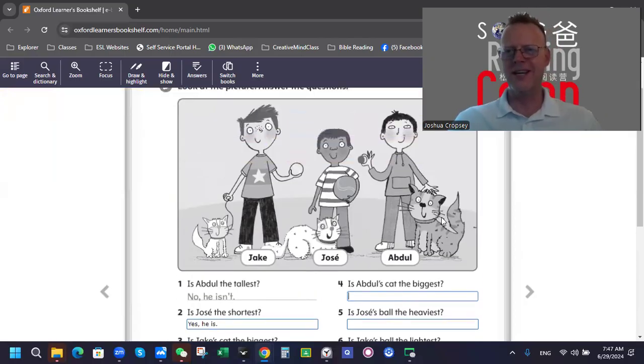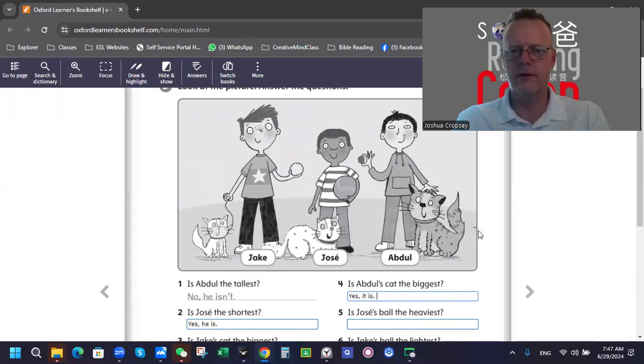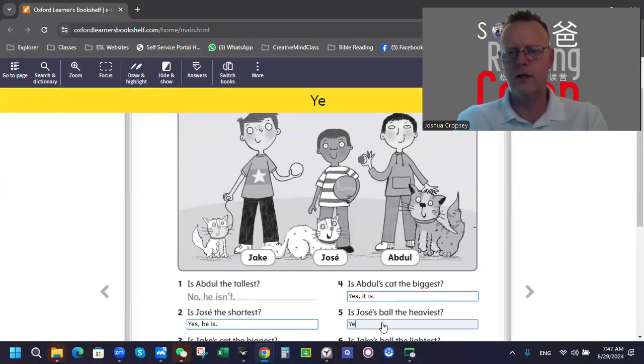That thing is huge. It looks like a tiger. Man, yes, it is. Is Jose's ball the heaviest? Look at Jose. He might be the shortest, but man, he's got the biggest ball. Yes, it is.